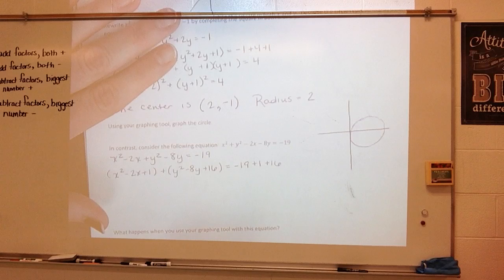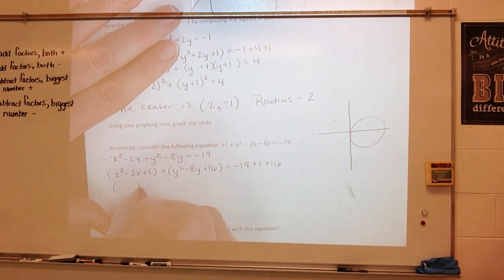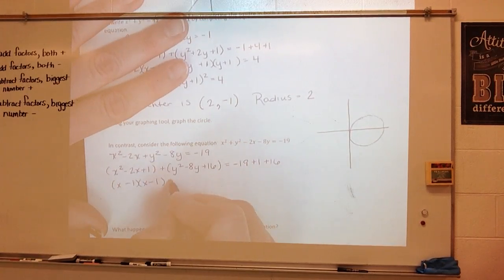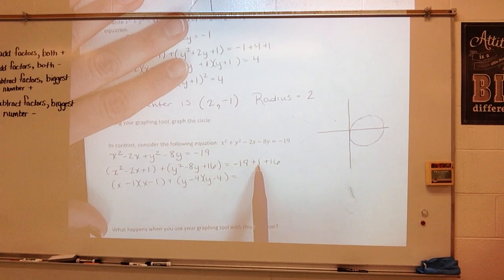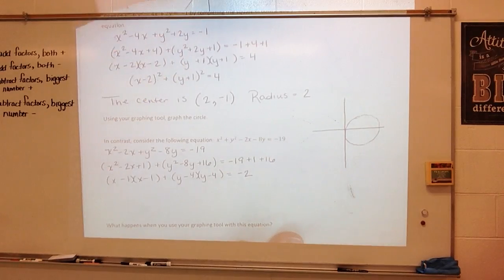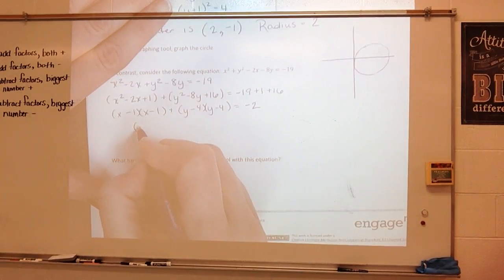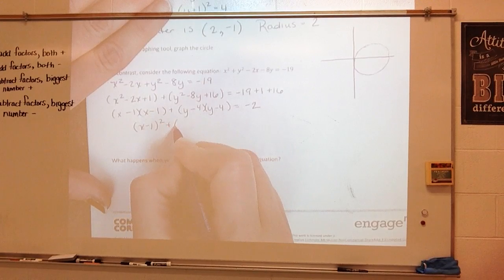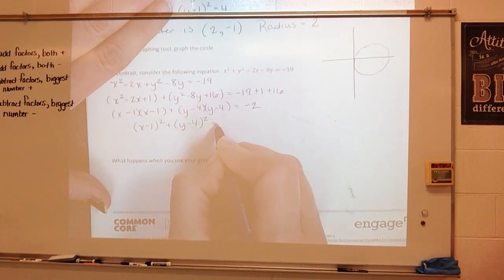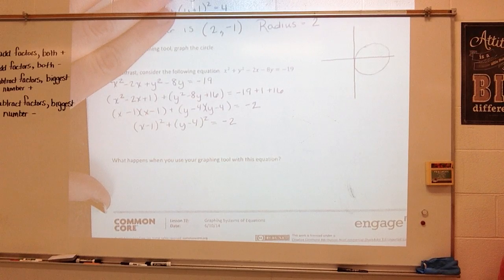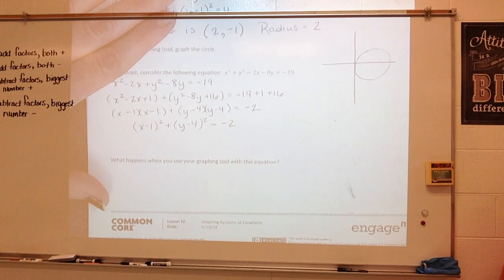Alright, so looking at this, let's see if I can factor. So I get x and x, 1 and 1, they're both negative, plus y, -4, -4. -19 plus 1 is -18, -18 plus 16 is -2. So this is what I get: x minus 1 squared plus y minus 4 squared is equal to -2. I know something about this.